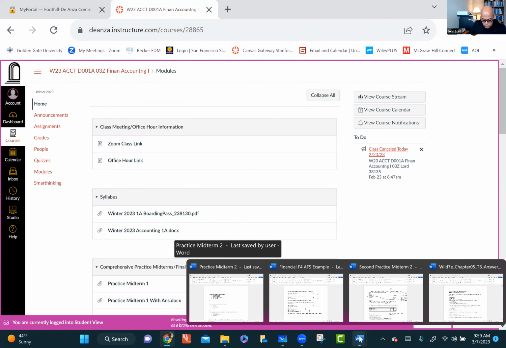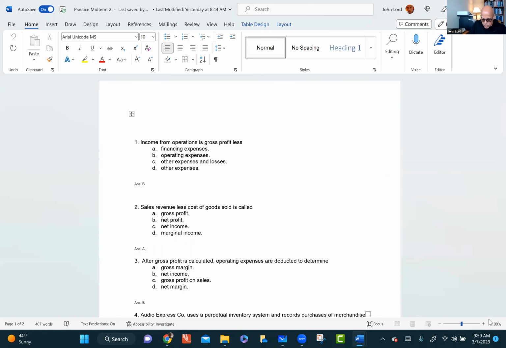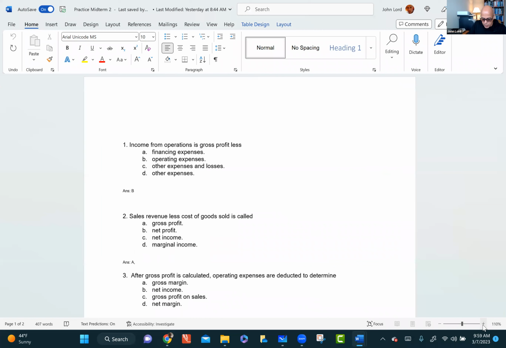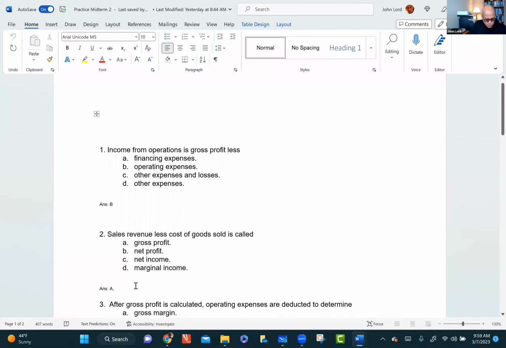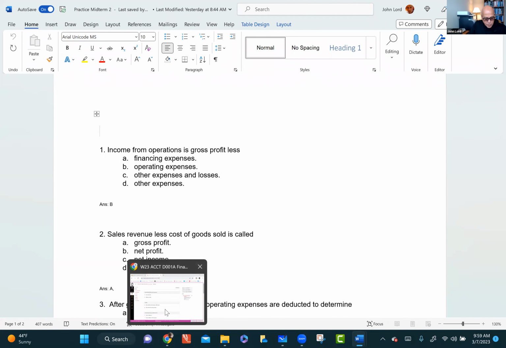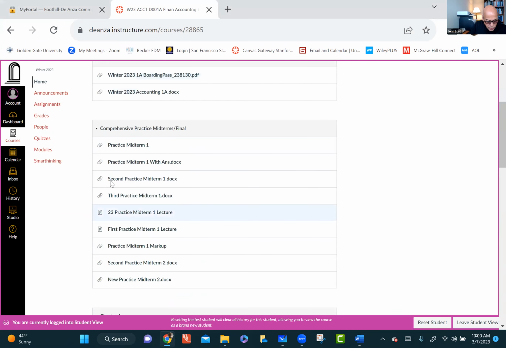Okay, so let's take a look at the practice midterm 2. Now again, if you came in a little bit later and are wondering where this is coming from, that's up here, under the comprehensive practice midterm / final questions. I'm grabbing this one and this one. Which one is it, the second one or the first one?